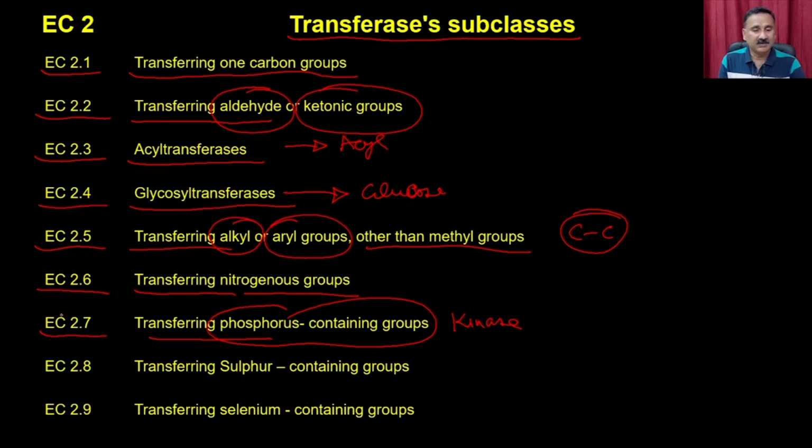EC2.8 enzymes transfer sulfur-containing groups, such as thioester or thiol groups. And then we have EC2.9, which transfer selenium-containing groups.